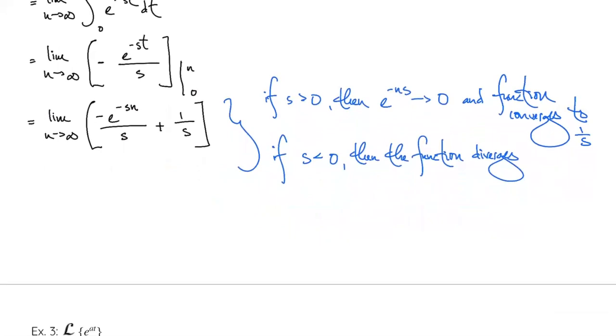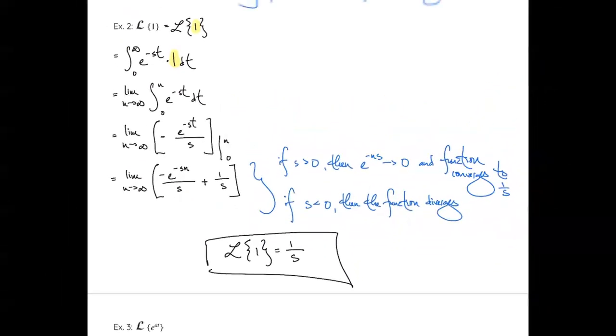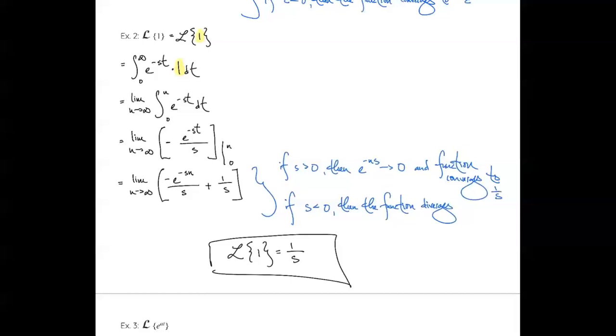Now, all of that is to say, tomorrow, when we look at the table, one of the things we're going to see is that the Laplace transform of 1 is 1 over s. When we see the table tomorrow, we'll see Laplace transform of 1 is 1 over s.